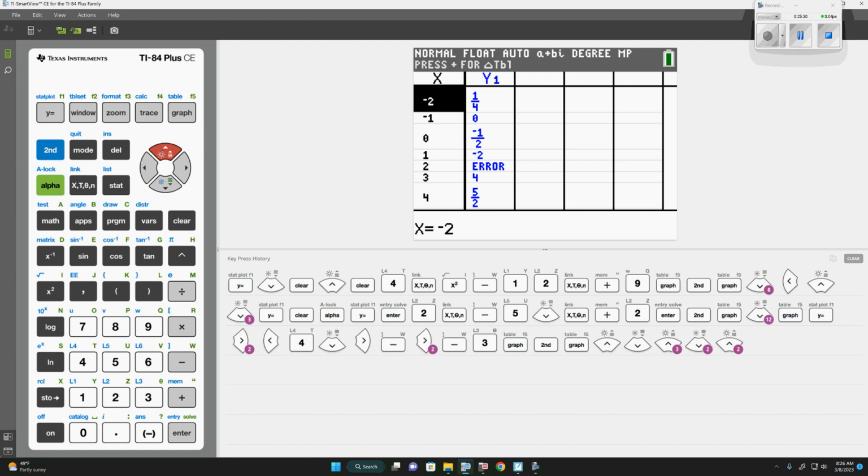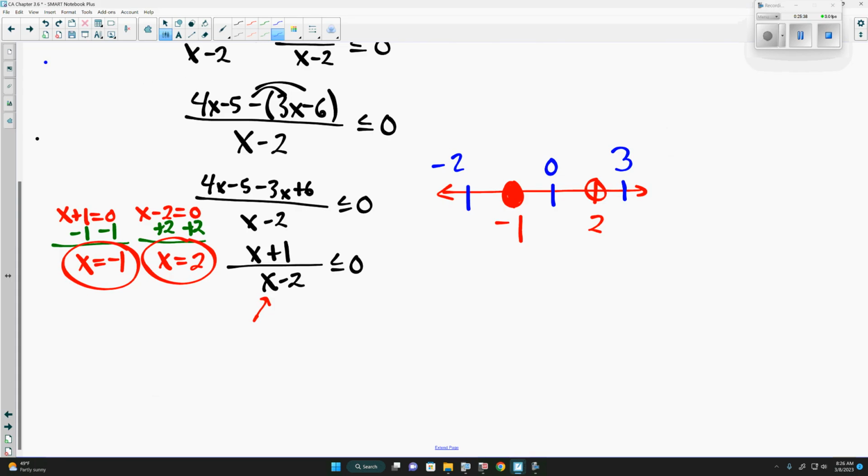That is not less than or equal to 0. And at 3, we get 4, which is not less than or equal to 0. This one doesn't work. This one doesn't work, but this one does. So we'd have all the points between -1 and 2. In interval form, we'd have bracket -1, 2, parenthesis.